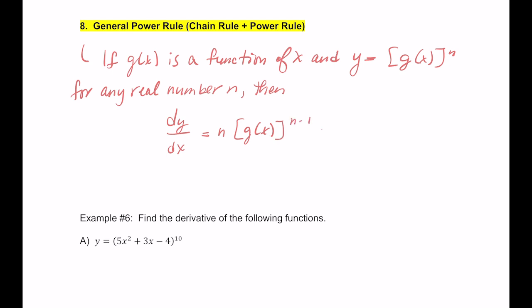Okay, does that look familiar? That's your power rule. And then we're going to multiply that by the derivative of g of x.